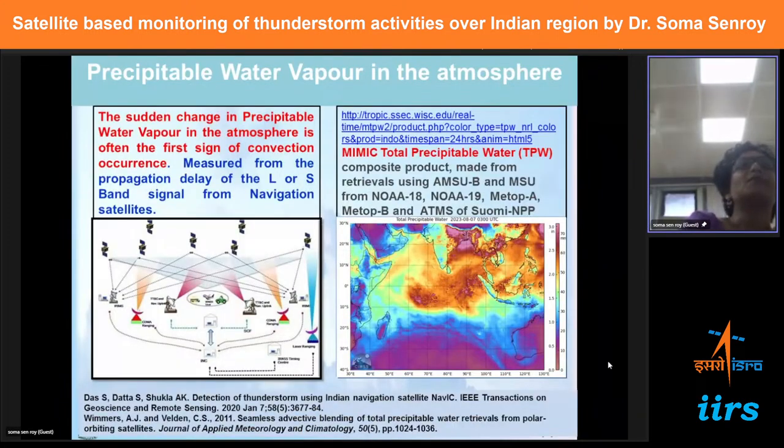For example, precipitable water vapor in the atmosphere. This can be in the first as well as the third, but I have kept it in the third. A sudden change in precipitable water vapor over a station is an indication that convection is likely to happen.